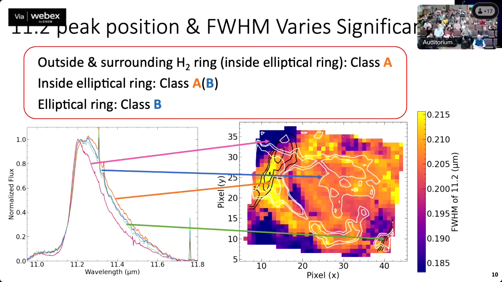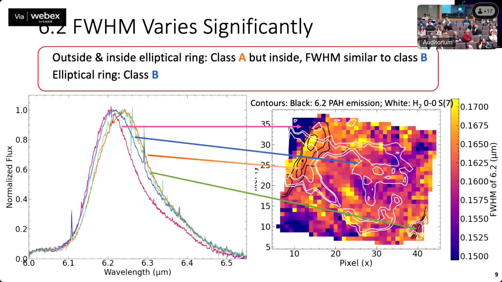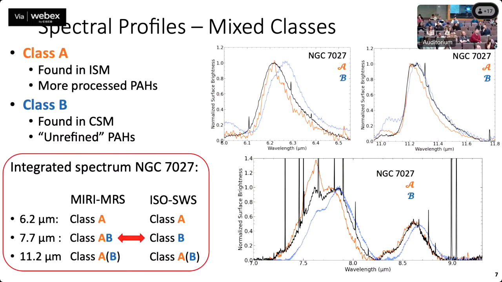Yep. Thank you for the nice talk. This separation into classes A and B for PAHs is kind of new to me, so I apologize if this is a silly question, but why do you separate them into classes? Do they correspond to different physical conditions of the dust, this class A versus class B? What more can they tell you? Yeah, so they sort of represent in general different characteristics and where we find them.